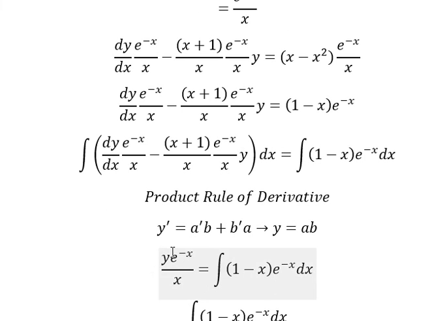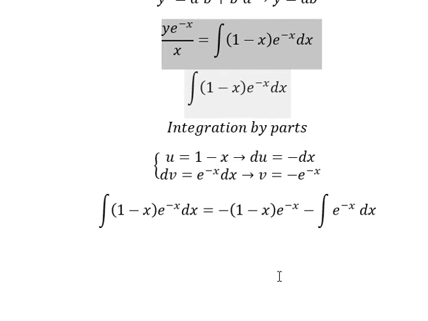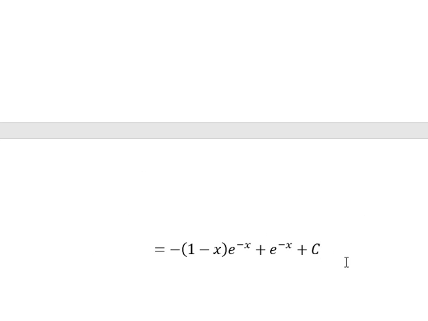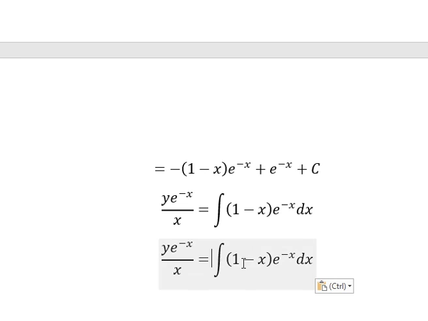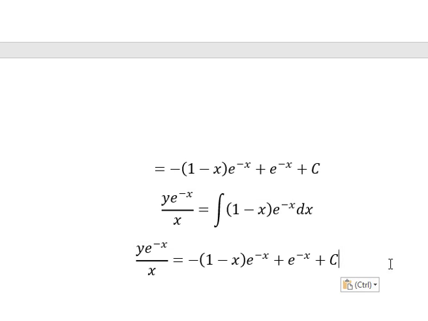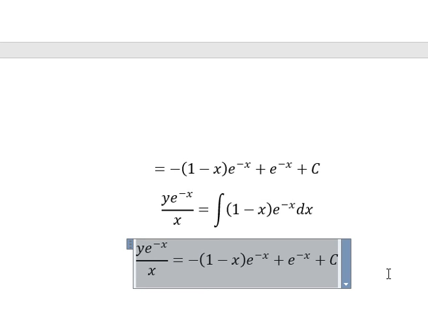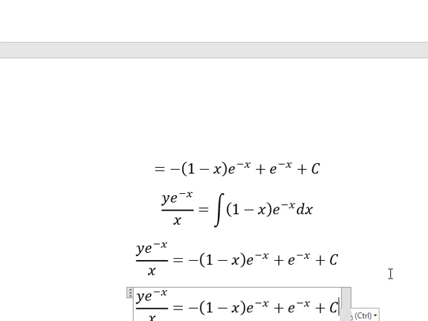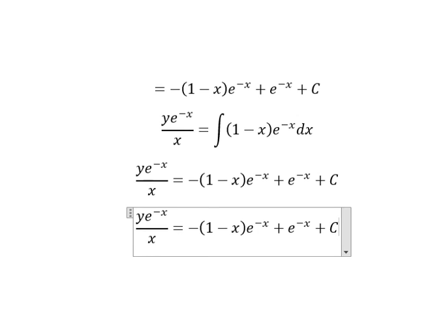Now we go back in here. The integration of this one is this one. Now we divide both sides by e to the power of negative s.